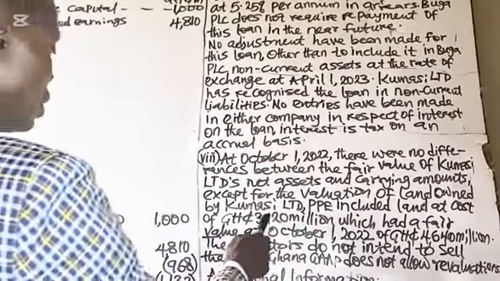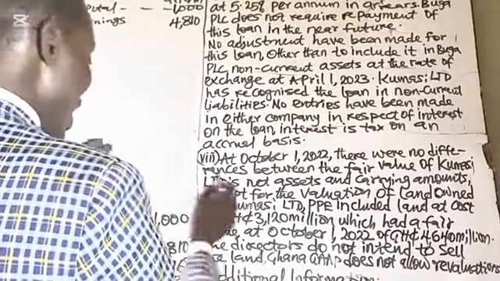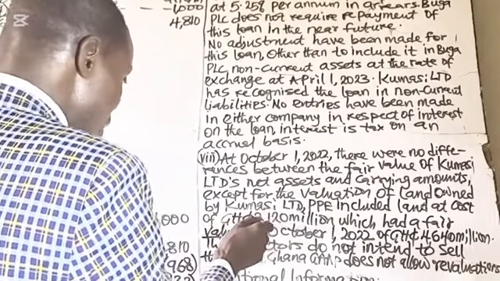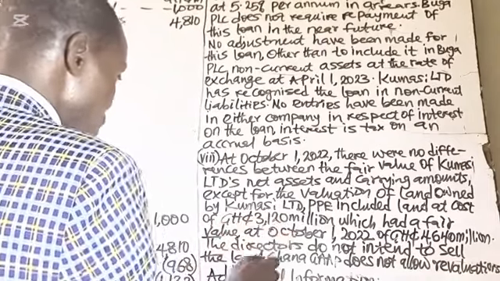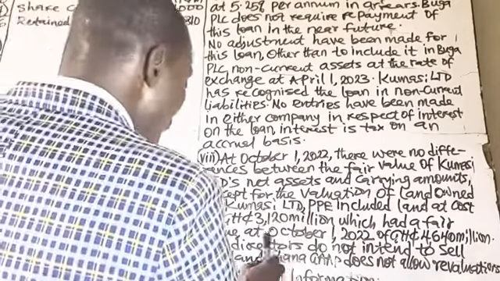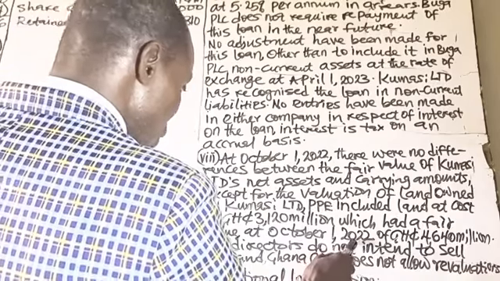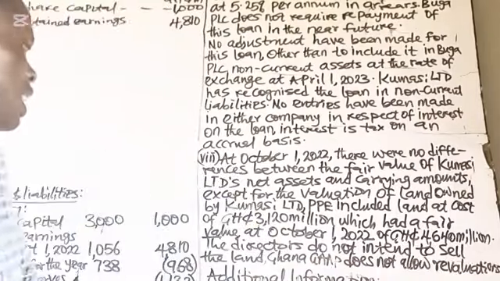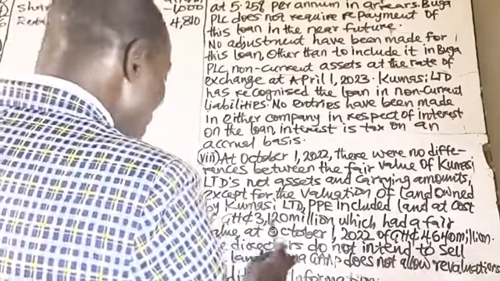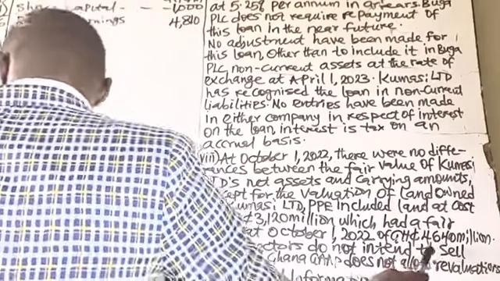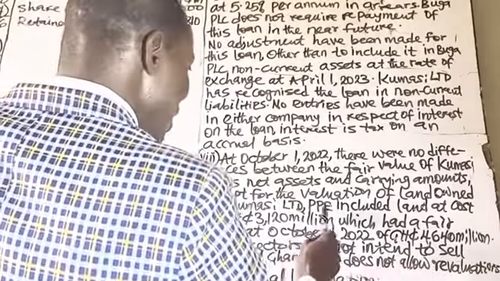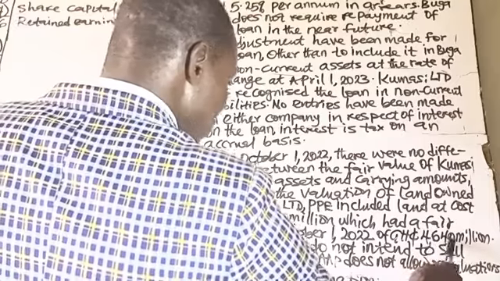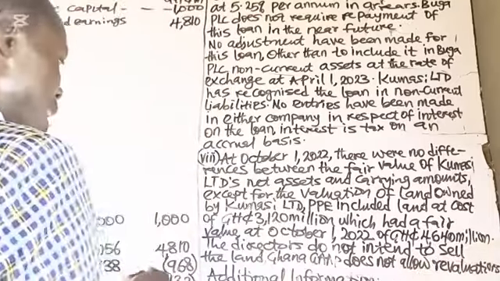That's to tell you that the carrying amount included in the statement of financial position included the land to the tune of 3.12 billion, which had a fair value at October 1st, 2022 of 4.64 billion. So it means the fair value gains has arisen. The difference between the 3.120 billion and 4.64 billion represent the fair value gain.